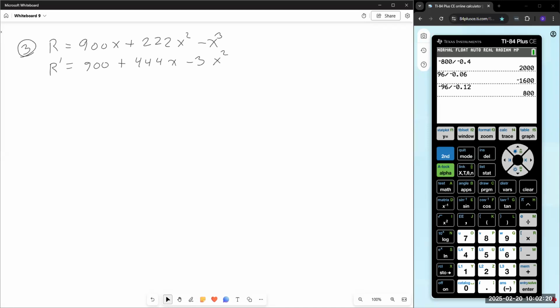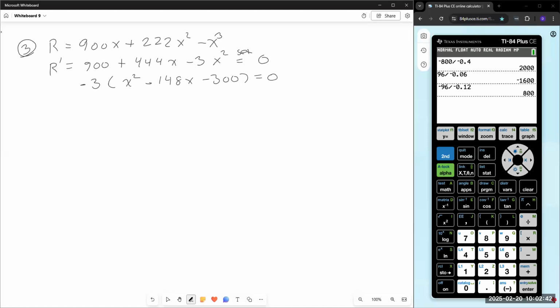I'm going to set that equal to 0. I'm going to factor here, negative 3 times x squared minus 148x minus 300 is equal to 0.